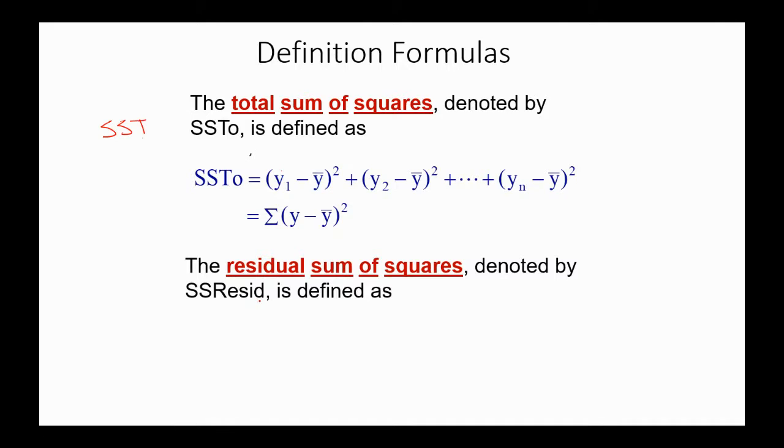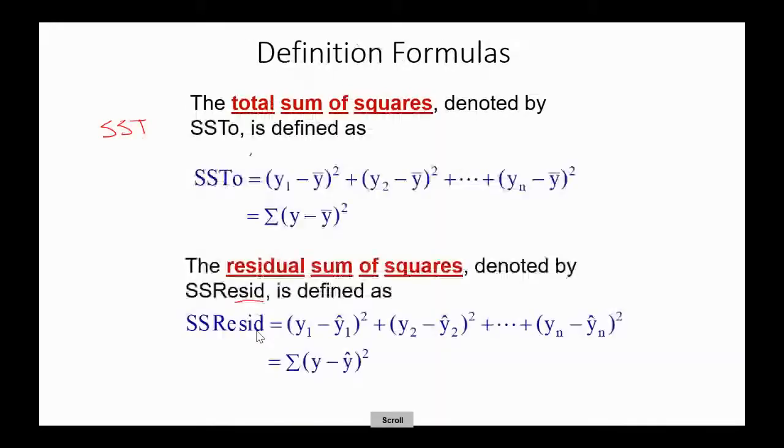I tend to leave off the resid and just say SSR. That's defined as essentially the residuals squared. That's really all we're doing. Residual sum of squares, we just square the residuals and add them all up.